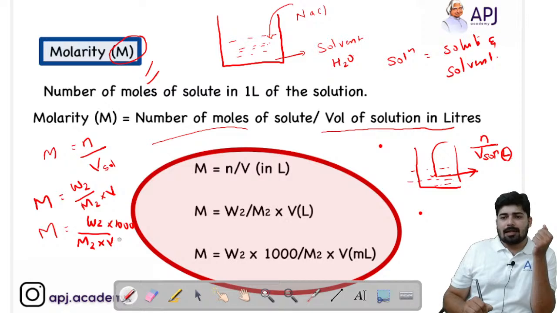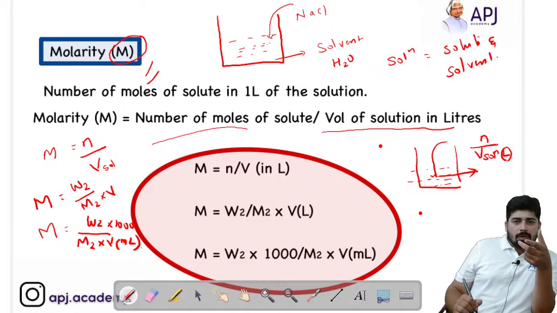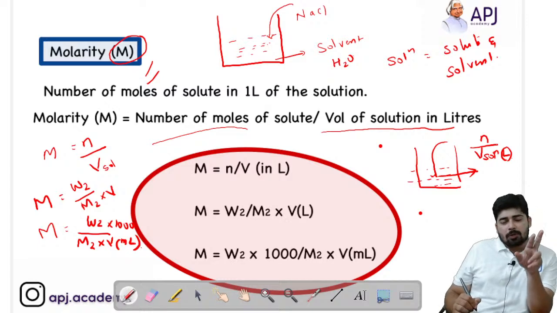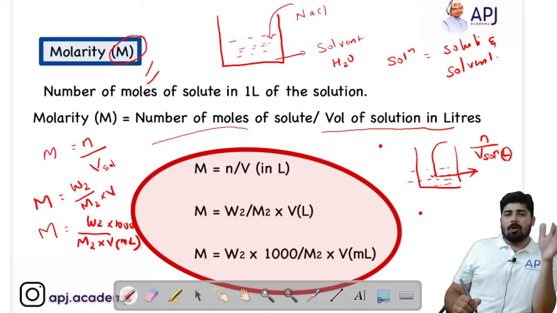Why should I write 1000? If the volume is given in ml, then you have to convert it into liters. How do we convert ml into liters? Divide it by 1000, so that 1000 goes to the numerator. Now the equation becomes W2 into 1000 divided by M2 into volume in ml. Hope that is clear for you.